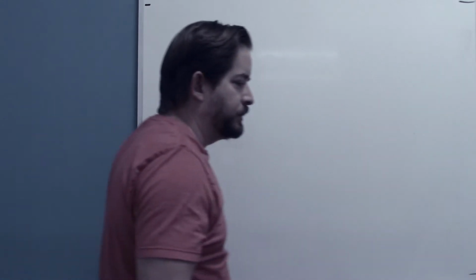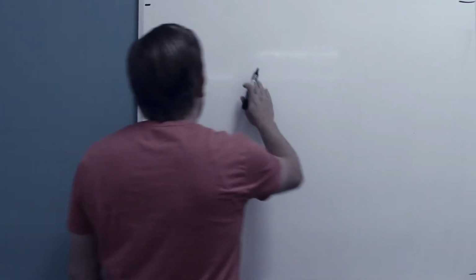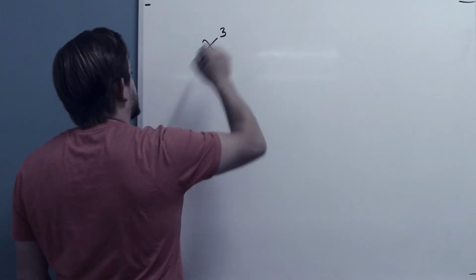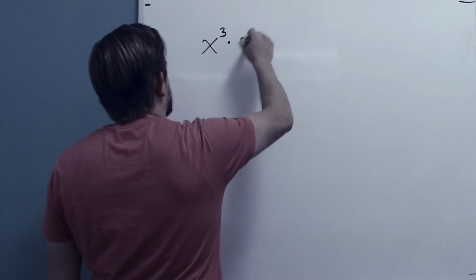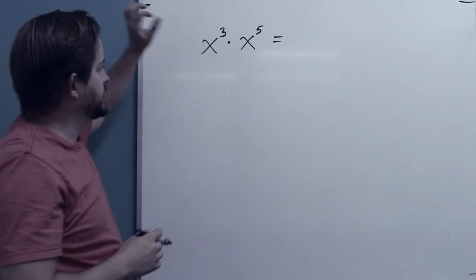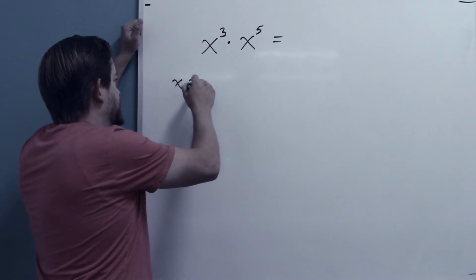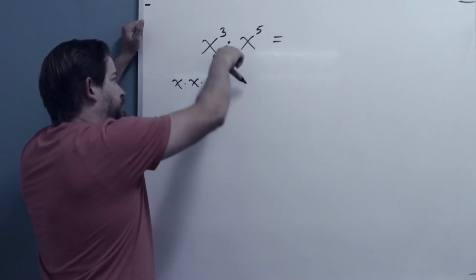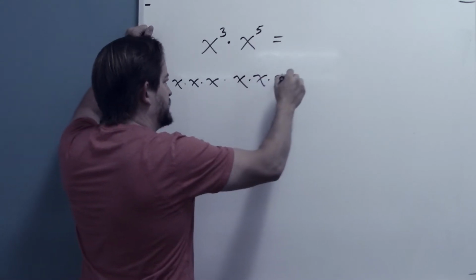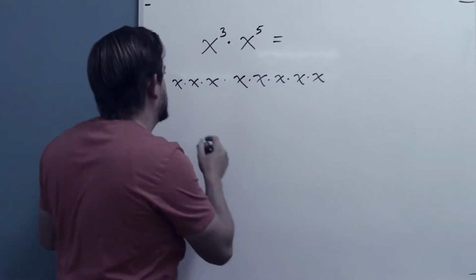Okay. So we can play with exponents also over x's. So if I have something like x to the third, and I multiply that by x to the fifth, right? I can think of this as x to the third is x times x times x, and then I'm just multiplying on x to the fifth, which is just x times 3, 4, 5 of them, right?